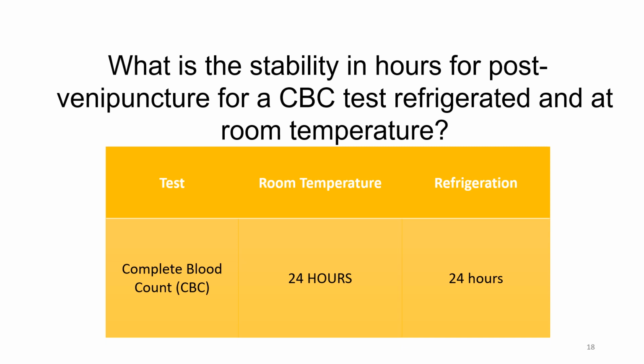For a complete blood count, stability is okay at room temperature and refrigerated up to 24 hours. But after 24 hours, things change. It means that if they came the following day to get your blood test specimen, your blood test result will not be accurate. Why? Because they did not transport or analyze the exam within the stability time frame.